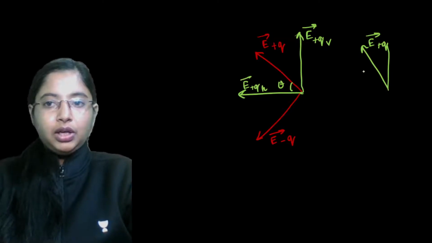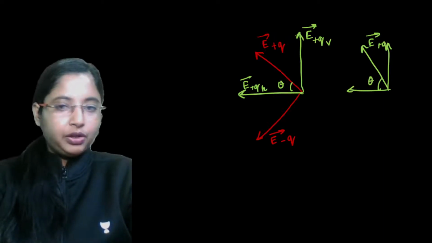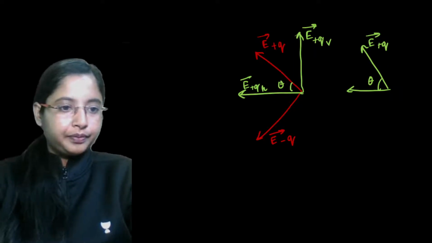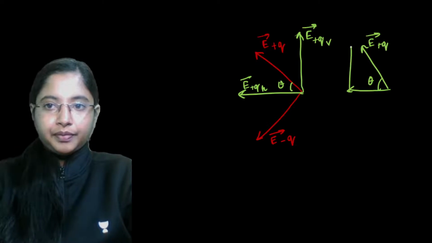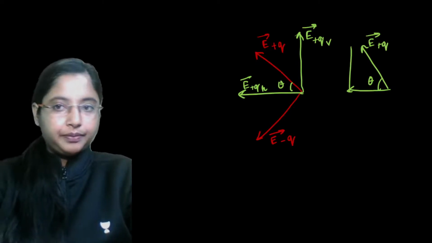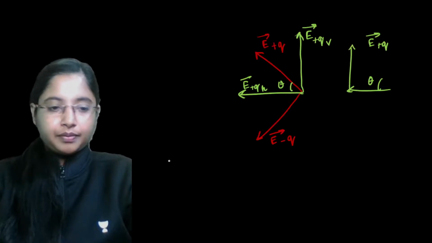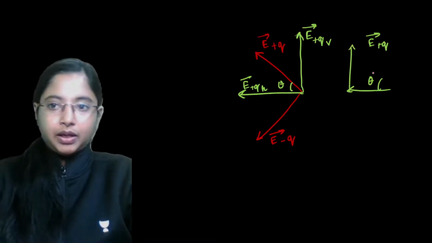In this case we have two vectors and this angle is theta. Now we can move this particular vector to the other side. So this vector is E_Q.